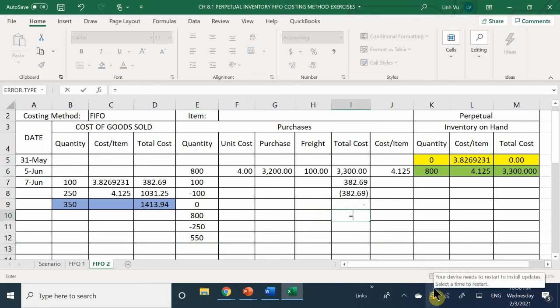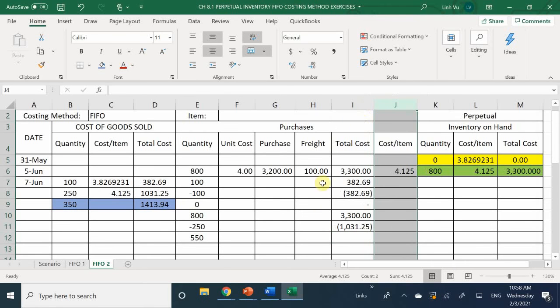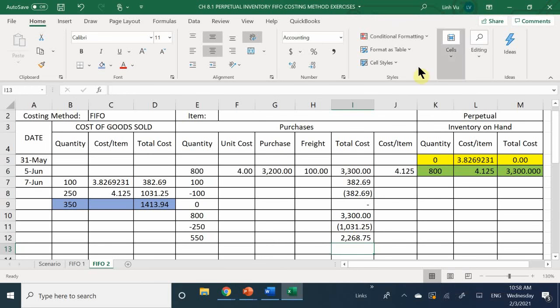Okay. Same thing here. I'm going to take my total of my 3,300 and I'm going to subtract out my 1031.25. Okay. And I should get a new balance of 2268.75.